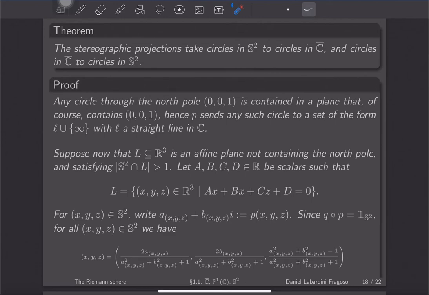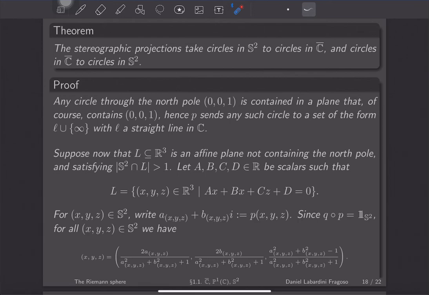So it's a Euclidean line, together with the point that corresponds to the North Pole, which is the point at infinity. So it's a circle in C bar. Right? So that was easy. So circles through the North Pole go via the stereographic projections to circles in C bar. That was the easy case.